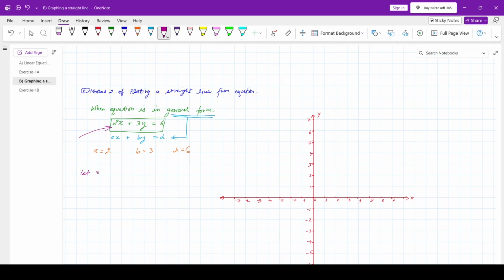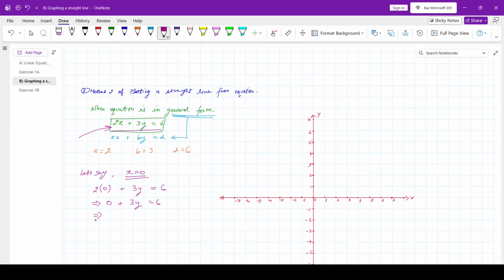Let's say x is equal to 0. That's the easiest way. When we put x is equal to 0 in this equation, the equation becomes 2 into 0 plus 3 into y is equal to 6. That will be 0 plus 3y is equal to 6.